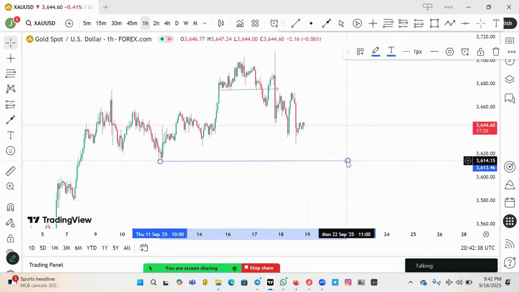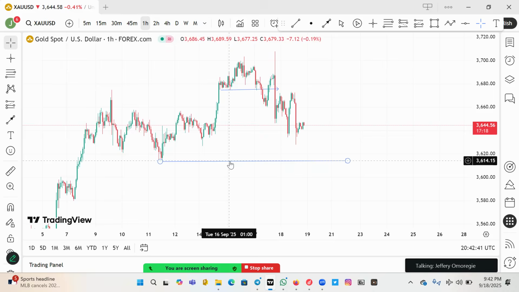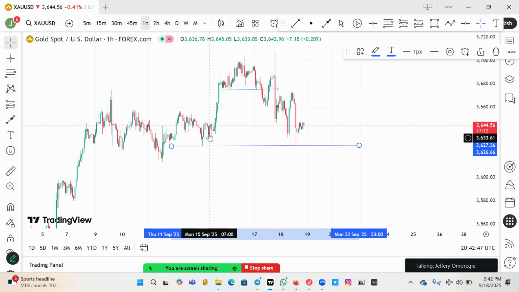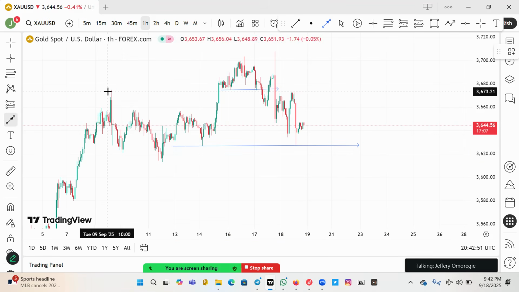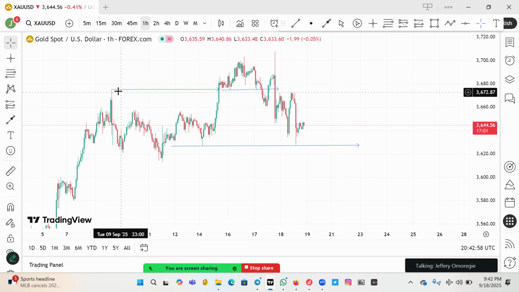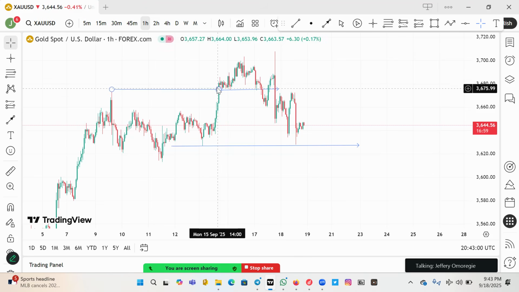Now, you may be wondering, Black Jeff, why did you not take here as your second most valid break of structure? The reason why you cannot take here as your second most valid break of structure is this. When you mark your break of structure from here, it's touching the body of the candle.